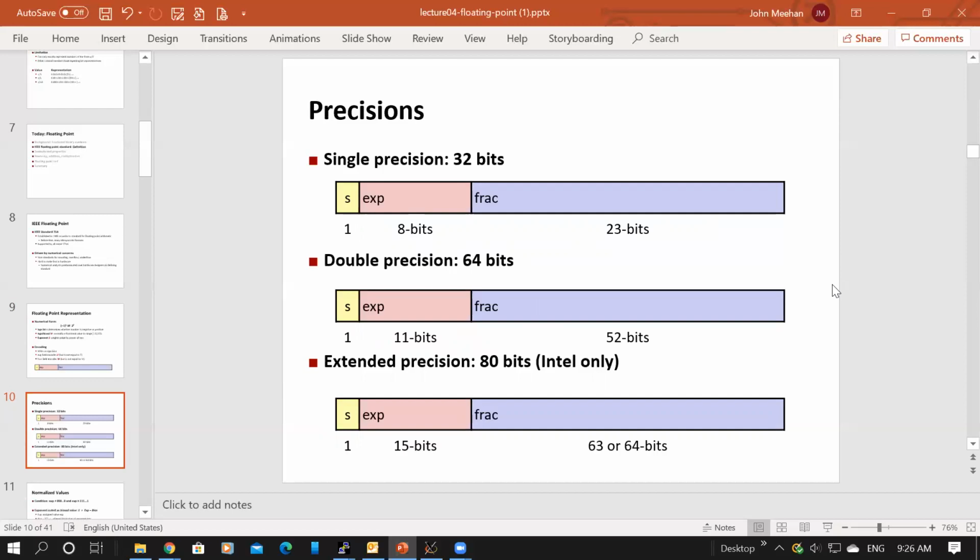So the numbers you have to remember are in the 32-bit, you got 8 bits for the exponent, which leaves you 23 bits for the fraction. When you go to the 64-bit, you get 3 more bits for your exponent, so that makes 11. So you got left over 52 bits of precision to hold your fractional part. So 8 bits, 11 bits, and then the other is just a consequence of that. You always have 1 for the sign bit.